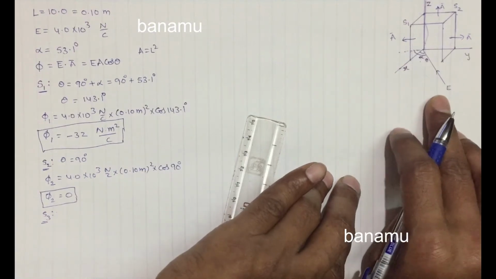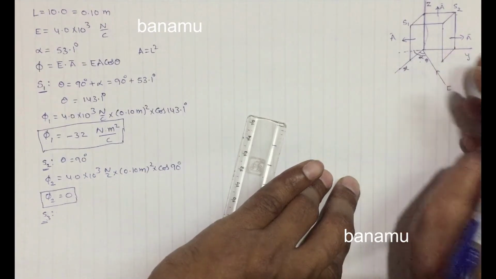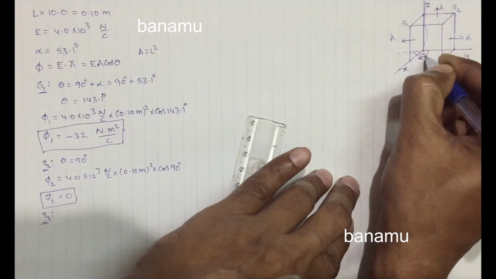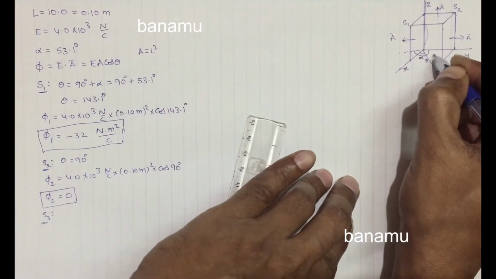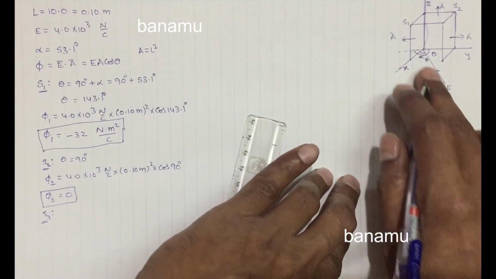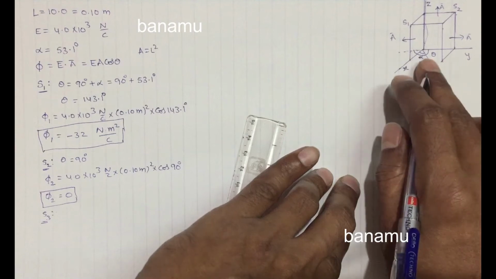So the angle between the electric field and the y axis is theta. The angle between the electric field and the area unit normal vector is theta.